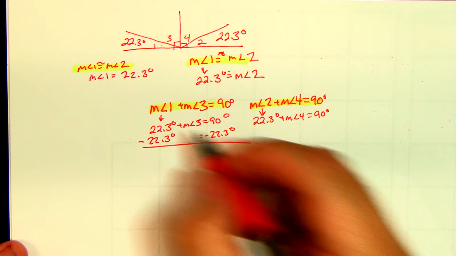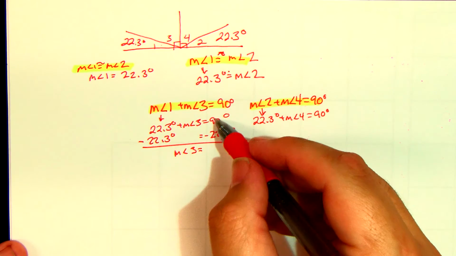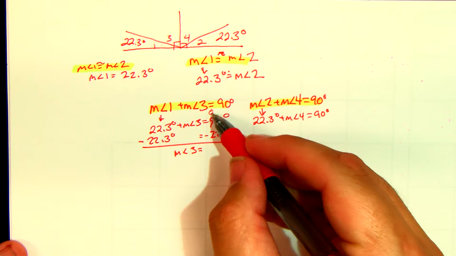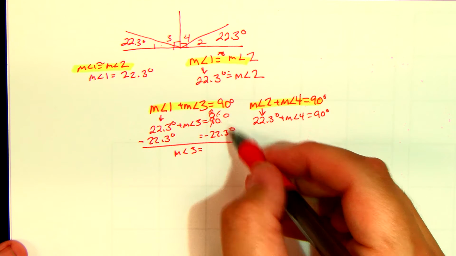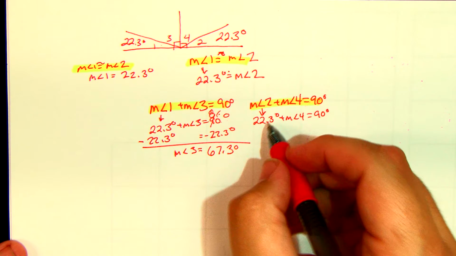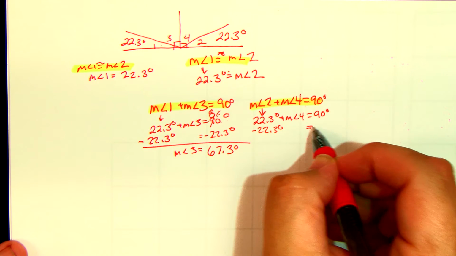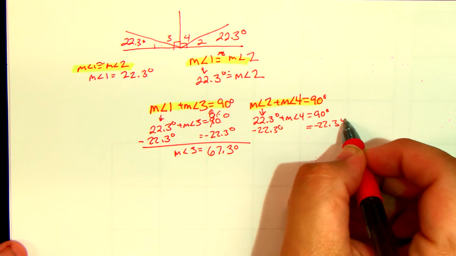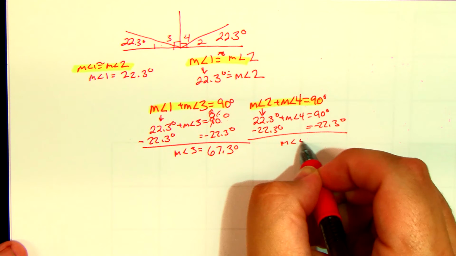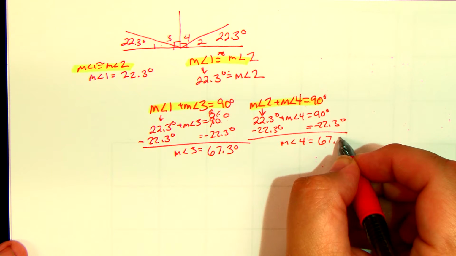I get the measure of angle 3 is equal to 67.7 degrees. And same thing here, subtract 22.3 degrees. Measure of angle 4 is equal to 67.7 degrees.